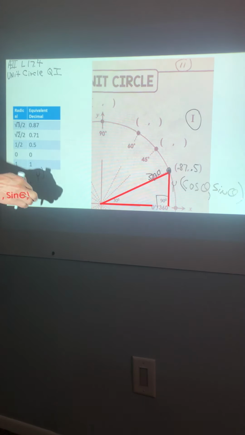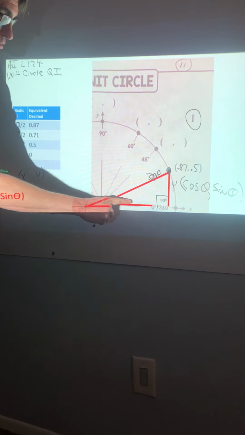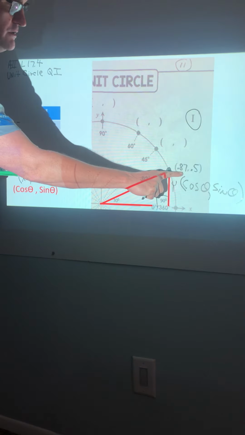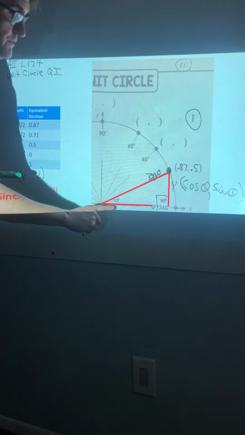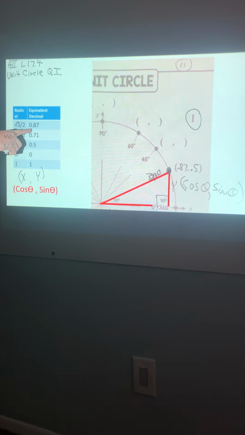Okay, we're focusing only on 30 degrees. All right, the triangle that I made focuses on that being a 30-degree angle. And look, you just type in cosine of 30, sine of 30, and it gives you those values. Then I want you to come over here and look for 0.87. Look, 0.87 is the square root of 3 over 2.